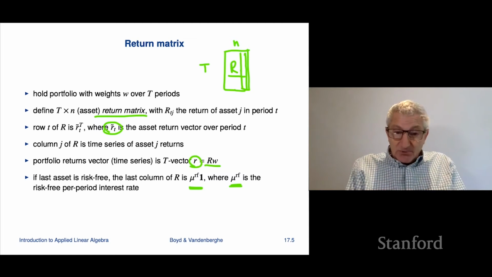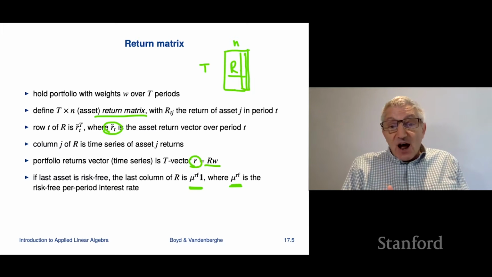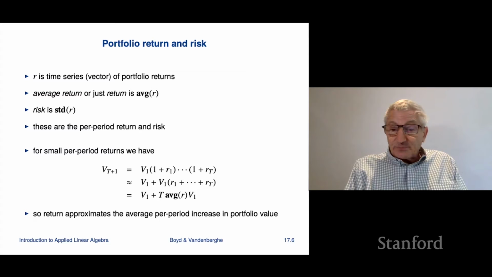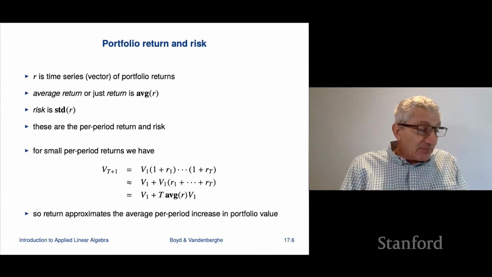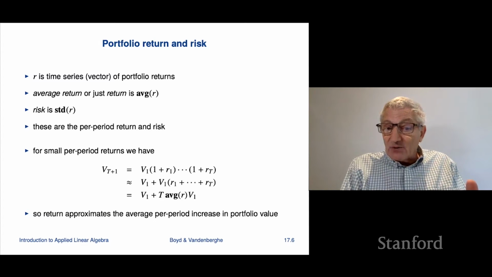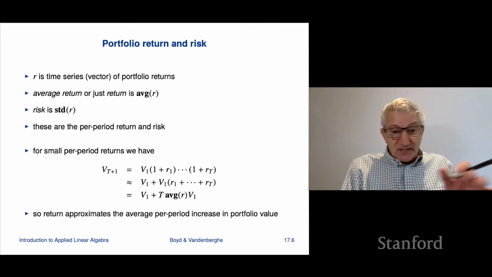Who knows what it is, right? It's varying all around, and that's of course not risk-free. So here I'm going to get a time series that's a vector, the portfolio returns. It depends on W, and we're going to go into great detail about that later. But for right now, W is fixed.